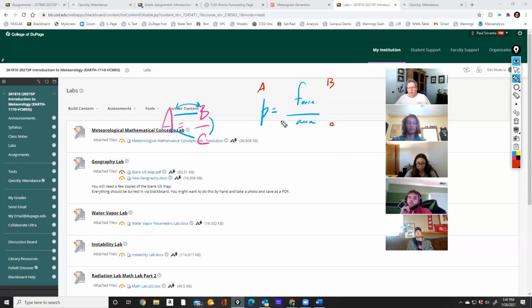But when I deal with the relationship between these two, what do I have to do to this guy? It has to remain constant. So you have to say, if the area is constant, then what's the relationship between pressure and force?